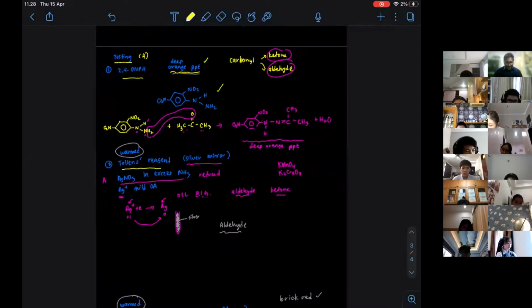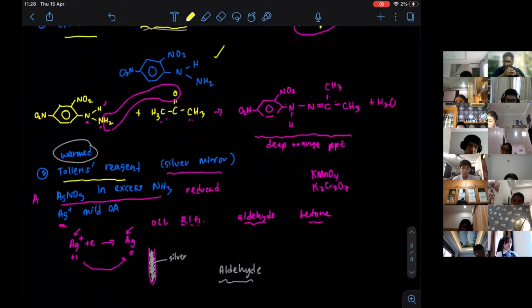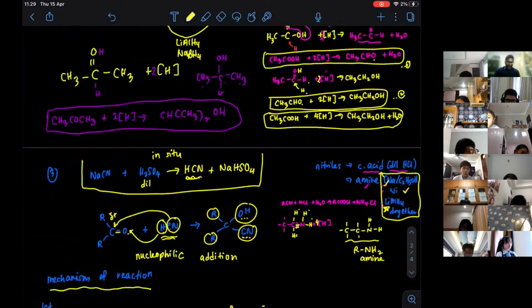Hurry up, Audrey. The ketone cannot be oxidized, so it doesn't react with the Fehling and Tollens reagent, but the aldehyde can be oxidized to form carboxylic acid. Okay. So maybe another person, Sharon, what are the things that you might need to have a look at again when you go back home?